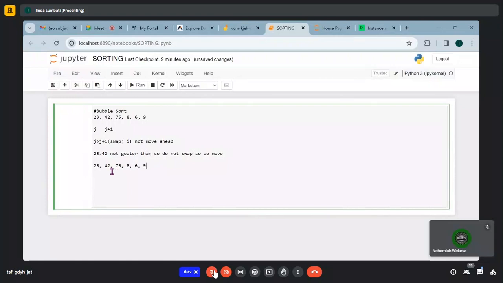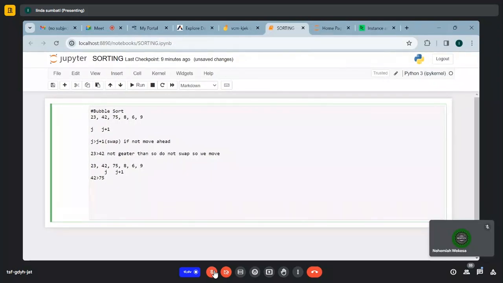So that means our J value is now 42. Then our J plus 1 value is now 75. So again, you go ahead and check. Is 42 greater than 75? No. So you move. I don't know if you people are getting it.